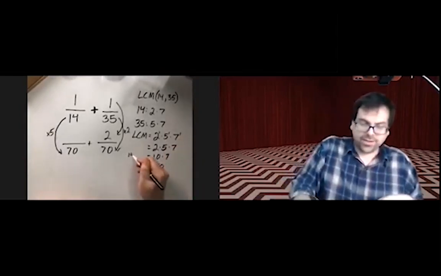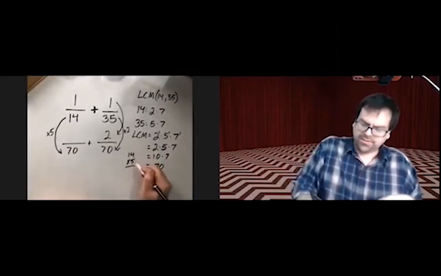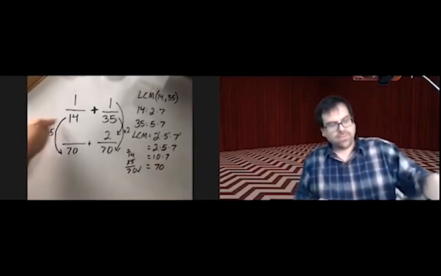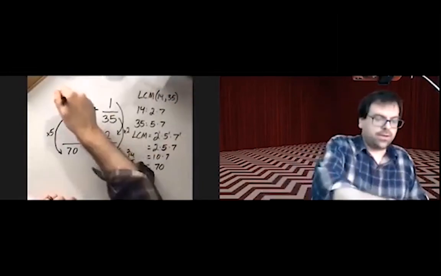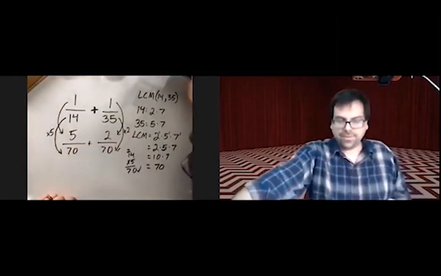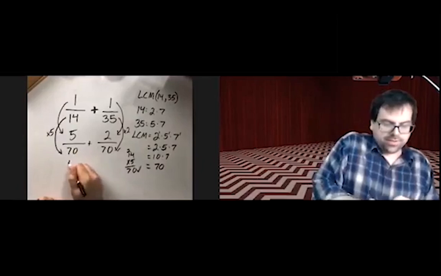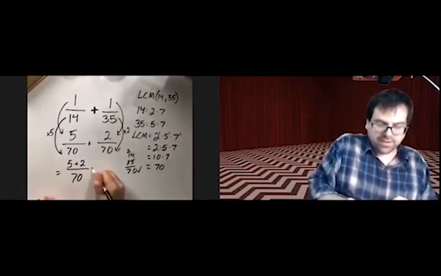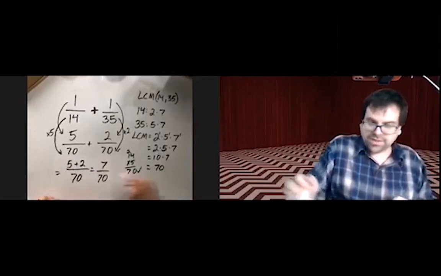And then you could actually check. 14 times 5 is what? Why, yes, it's 70. We also do 1 times 5 and we get 5. So this is equal to 5 plus 2 over 70, which is 7 over 70.